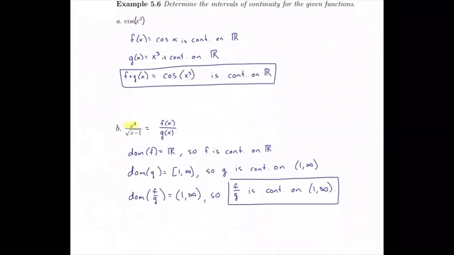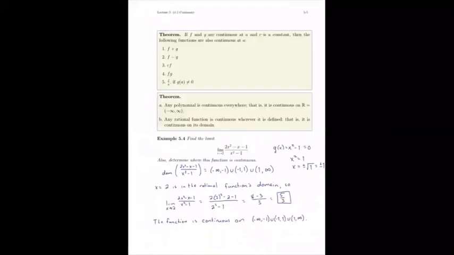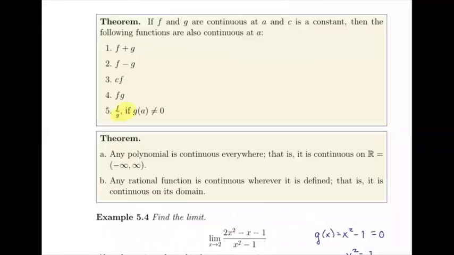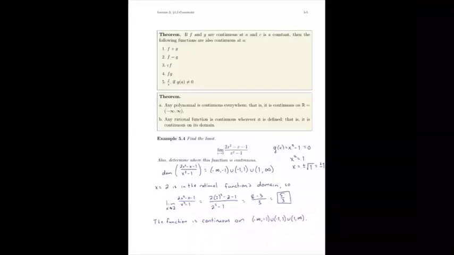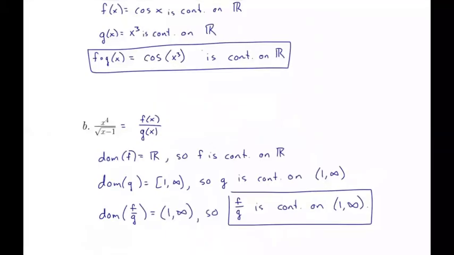Now f of x over g of x. This is more of a quotient problem than anything, and remember, we've got a theorem for that back here: we can deal with quotients of continuous functions. In this case, we don't have a rational function, because the bottom function is not a polynomial.